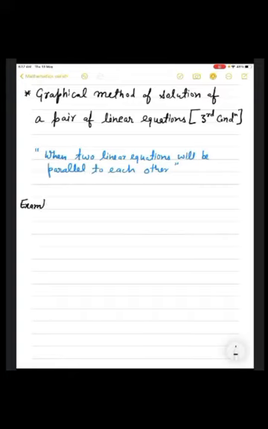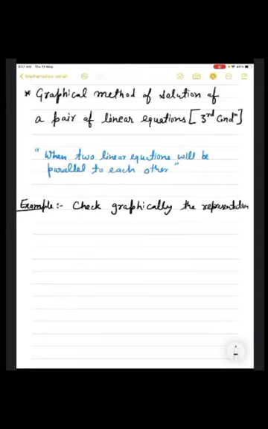So we are taking, check graphically the representation of x plus 2y equals to 4 and 2x plus 4y equals to 12. So we have to check what kind of graphical representation these equations will have.